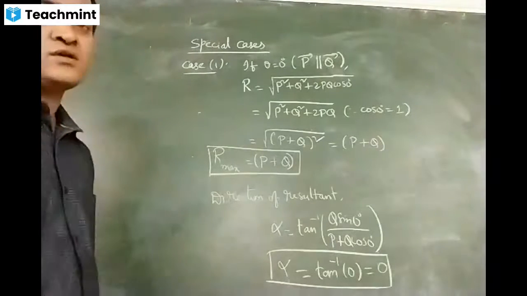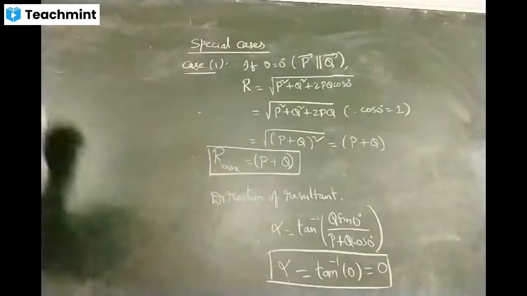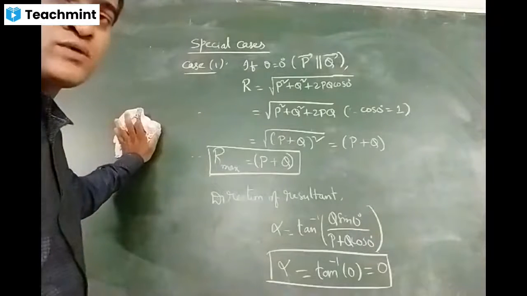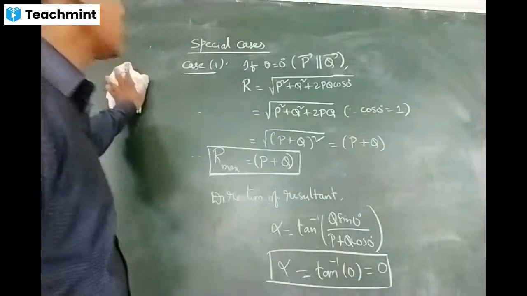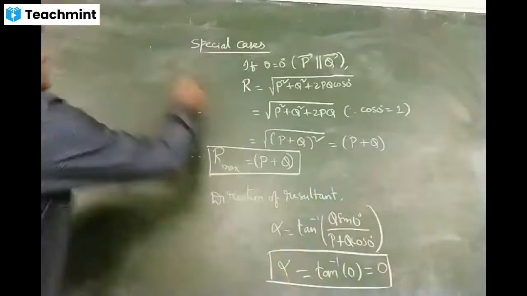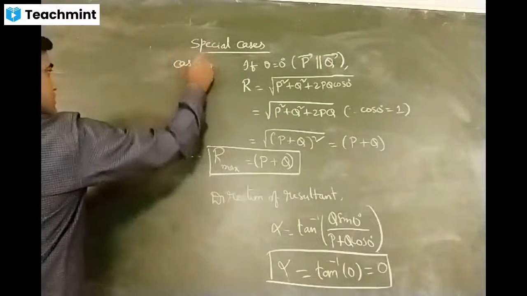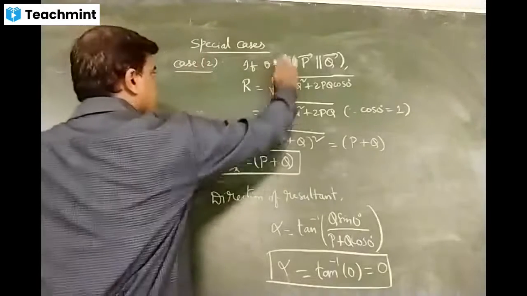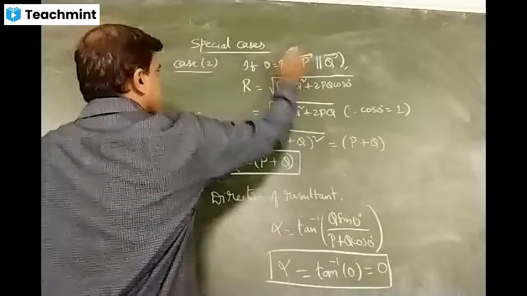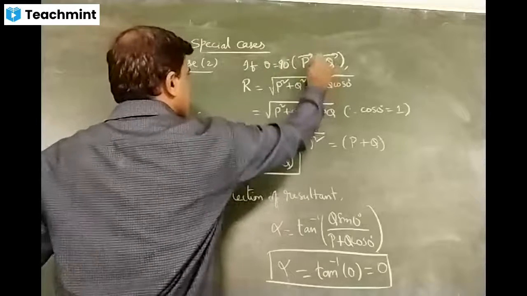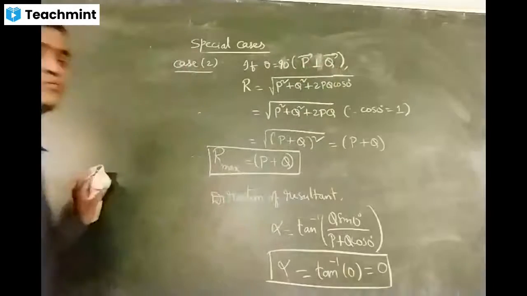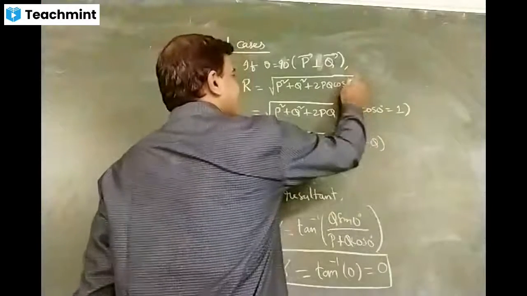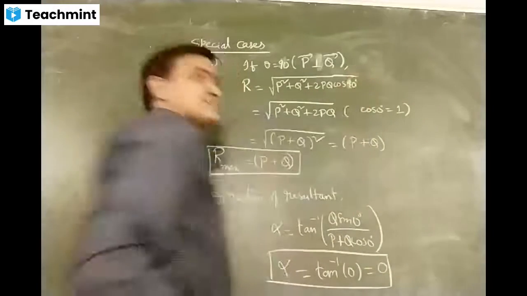Both we got. Now in case 2, if both vectors P bar and Q bar are perpendicular to each other, case 2 is if theta is equal to 90 degrees. In this case, P bar is perpendicular to Q bar, and theta is 90 degrees.